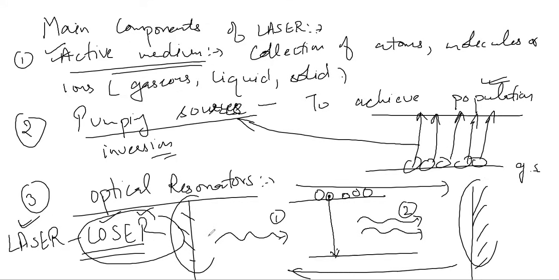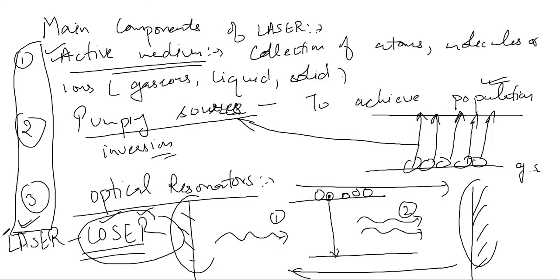These are the 3 main components in any laser, whether it's a solid state laser, a gas laser, or a liquid laser. In the case of gas lasers, for example, it could be a helium neon laser or a carbon dioxide laser. You always need these 3 main components in the lasing system.